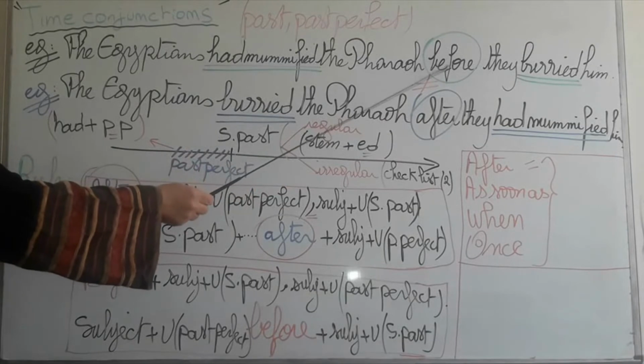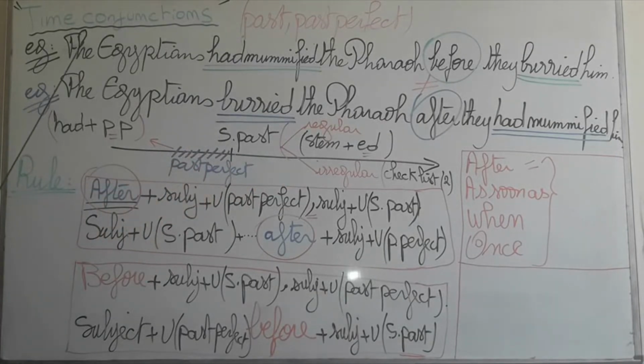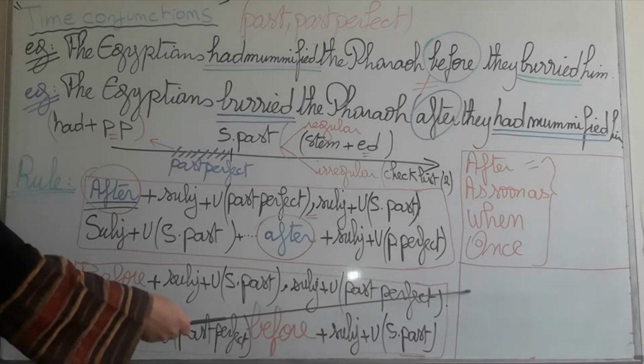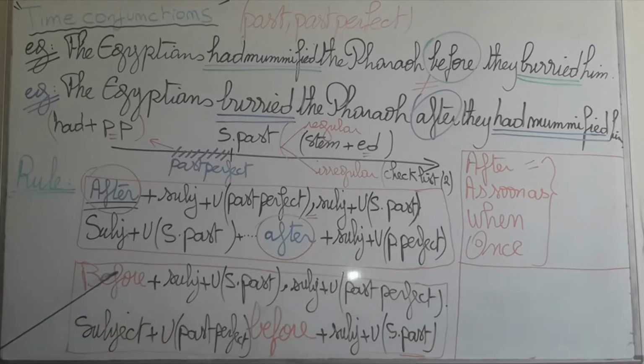What about if before comes in the initial position or just at the beginning of the sentence? We say before the Egyptians buried the pharaoh, comma, they had mummified him. Why? Because the before needs first the verb for simple past, then الأولاد comes the verb for past perfect, because this is the second action occurring.